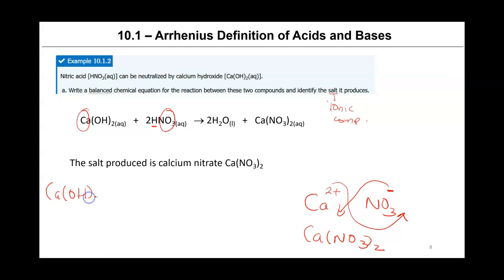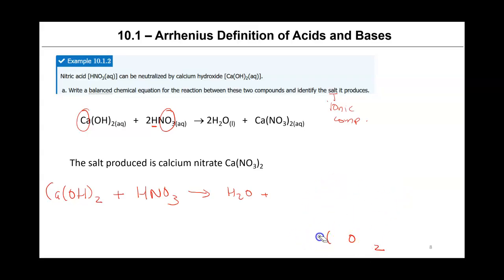So let's think what we have to do to generate our balanced equation. The base reacts with the acid to make water and our ionic compound. And we just figured out the formula of our ionic compound. It was Ca(NO3)2. So fairly quickly I can see that I'm going to need 2 nitrates.